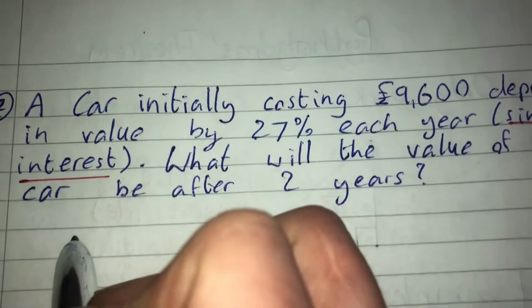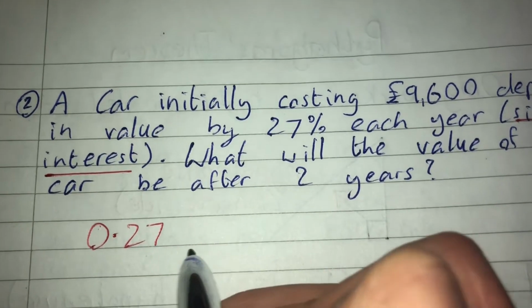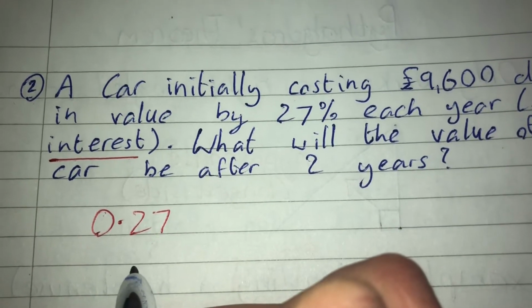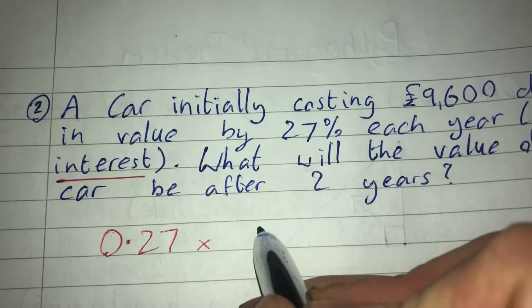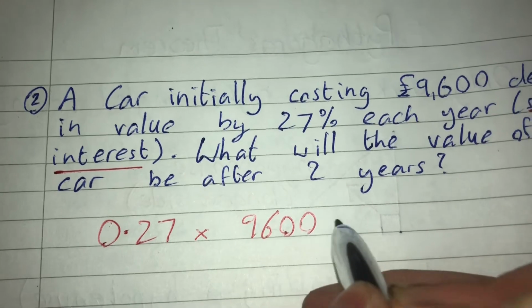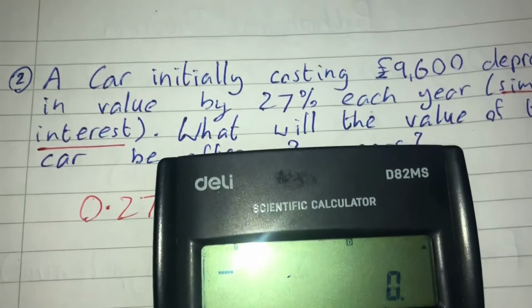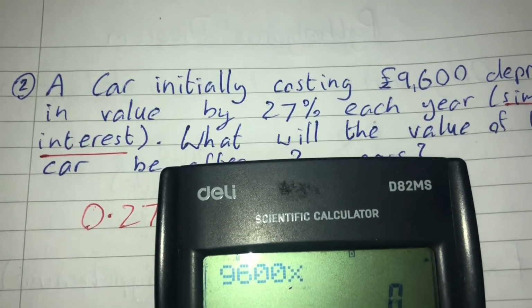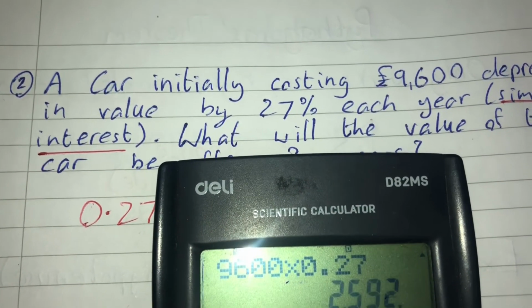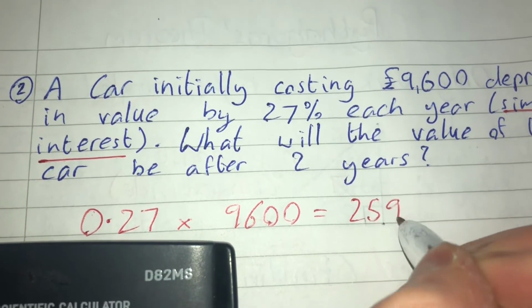Okay, so again, we have to work out 27%. So 27% as a decimal is 0.27. So that is my decimal multiplier. So I multiply 9,600 by that 0.27 to find out what 27% is. So 9,600 by 0.27 is, in this case, 2,592.